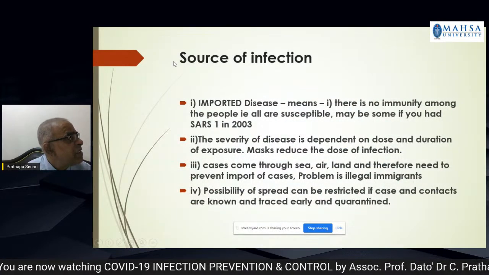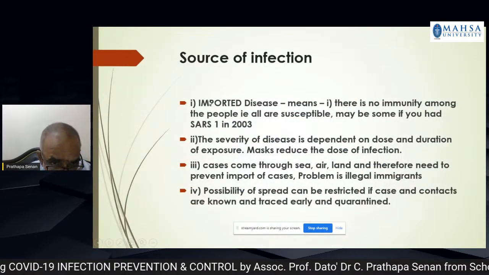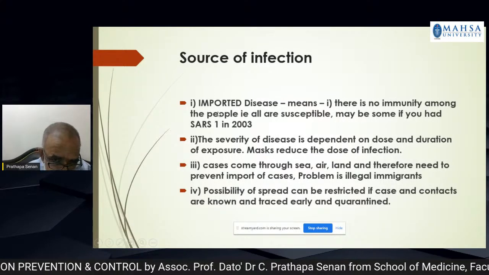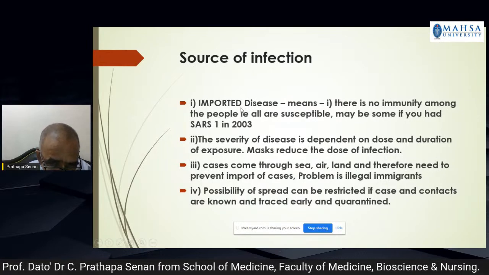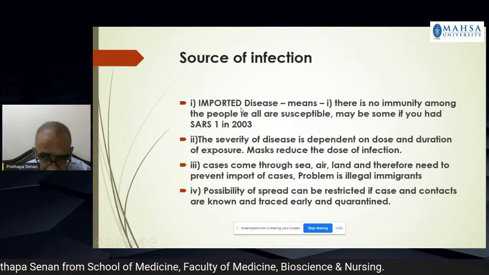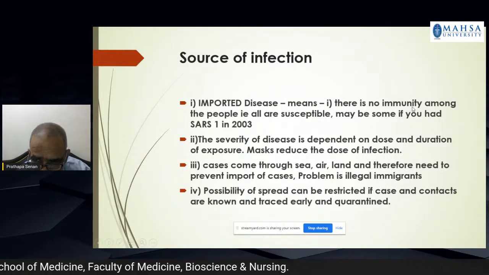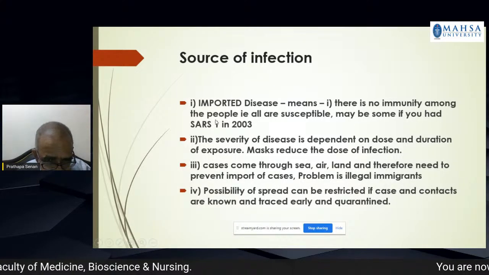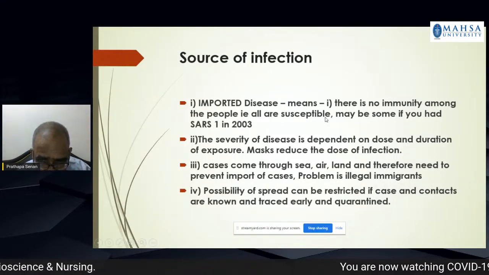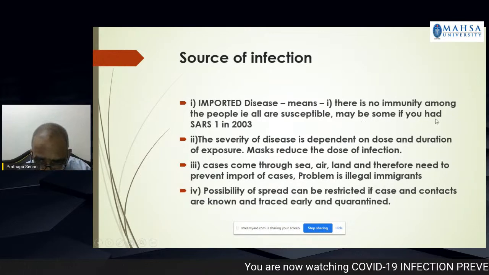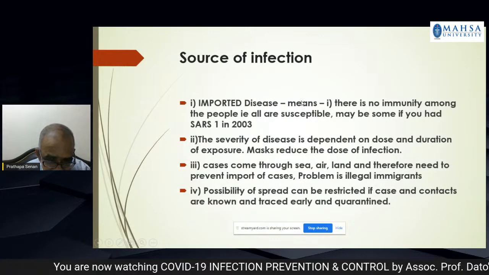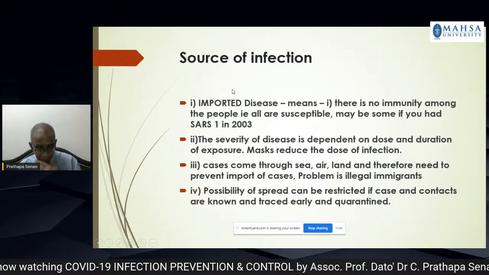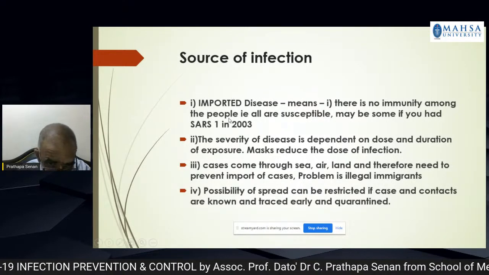Source of infection. Imported disease. First of all, you must understand this is an imported disease, a new disease coming into your country. There is no immunity in the people and all are susceptible. Some may have, if you had SARS-1 in 2003, or MERS-CoV when you went to the Middle East.